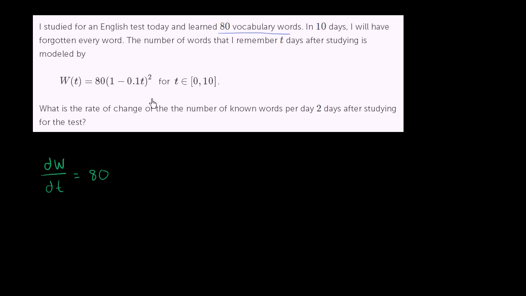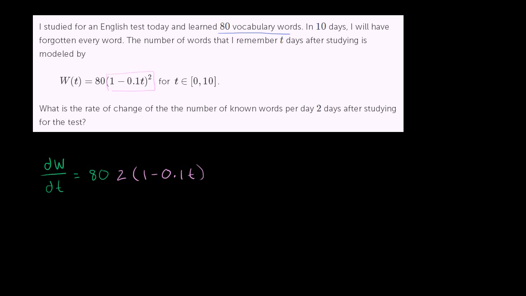The derivative of (1 minus 0.1t) squared with respect to the expression (1 minus 0.1t) is 2 times (1 minus 0.1t).